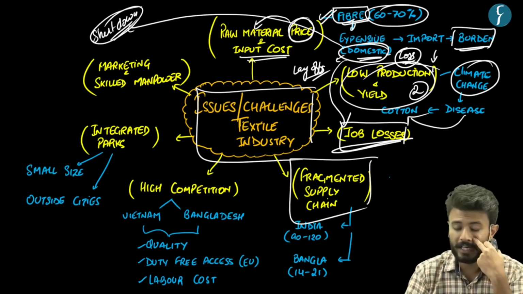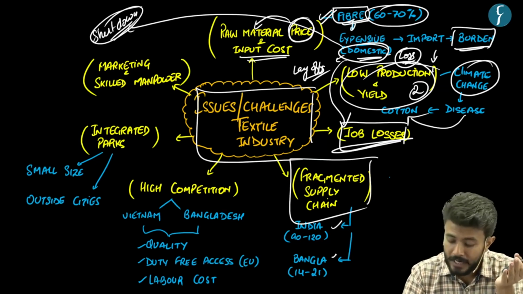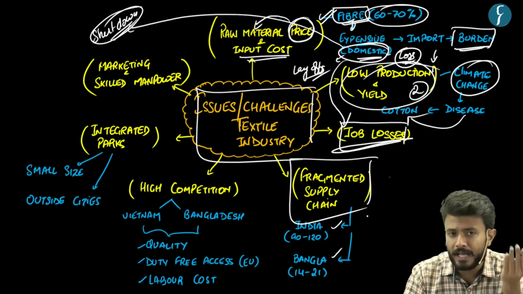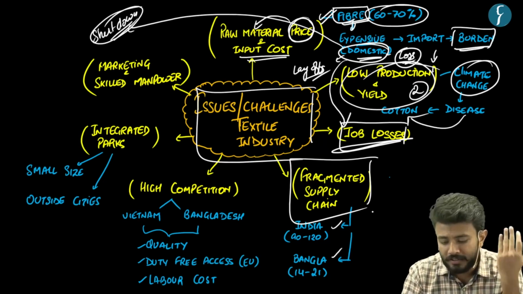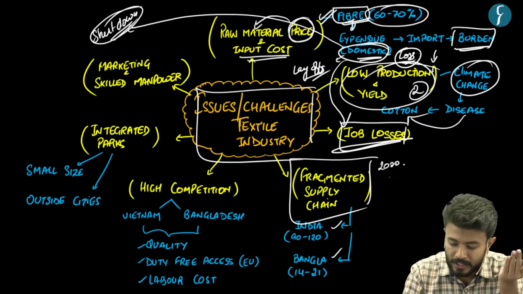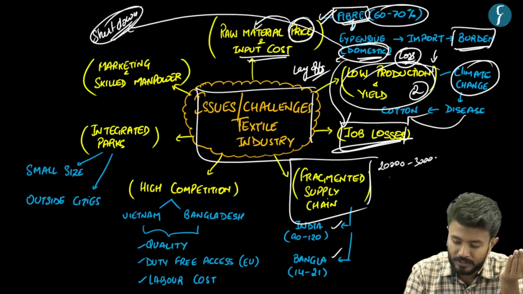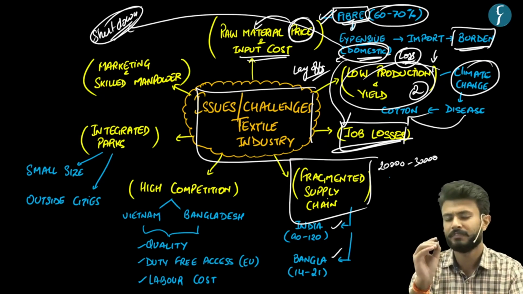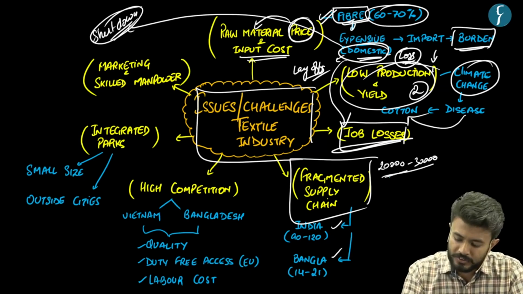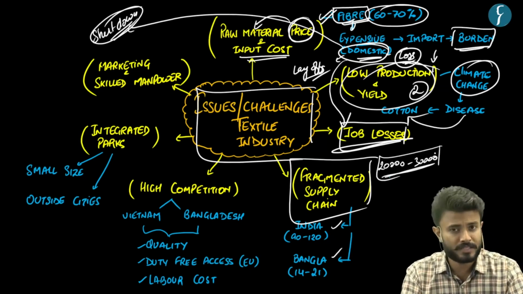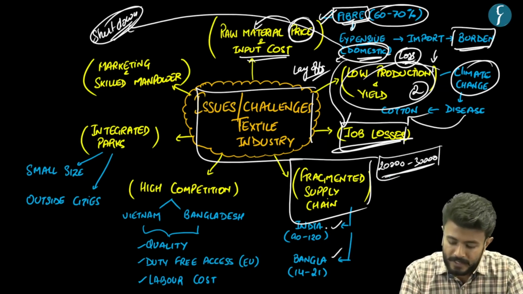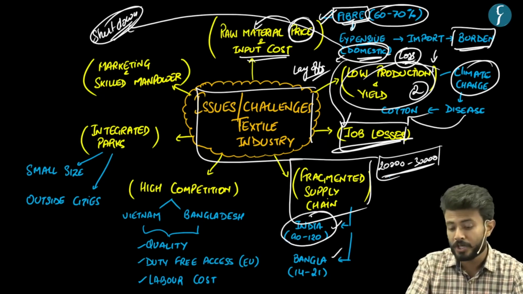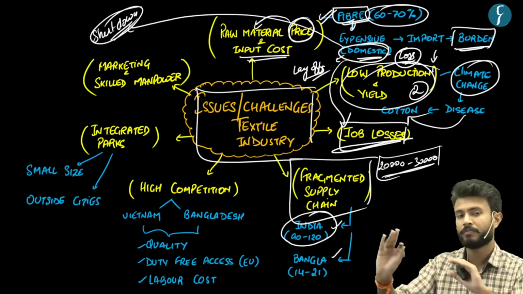Now, there was data which compared India and Bangladesh. It said that, let's say, if an Indian manufacturer has to supply around 20,000 to 30,000 pieces of textile, in general, not a specific product, then it requires around 90 to 120 days to ship this load of product.